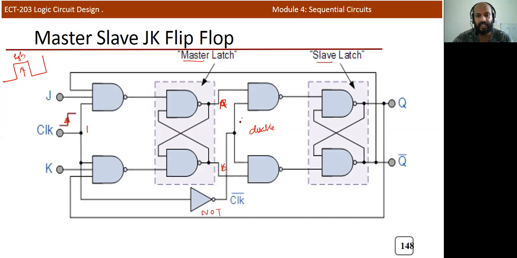So here we will get an active low signal, so the slave latch will be in disabled mode. The previous value of Q and Q bar will be maintained.